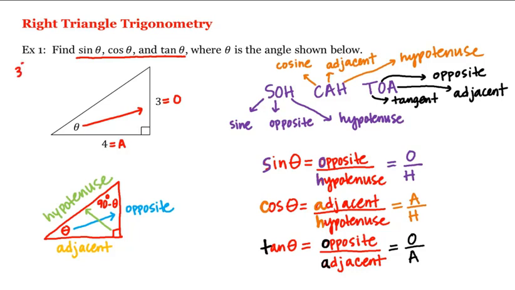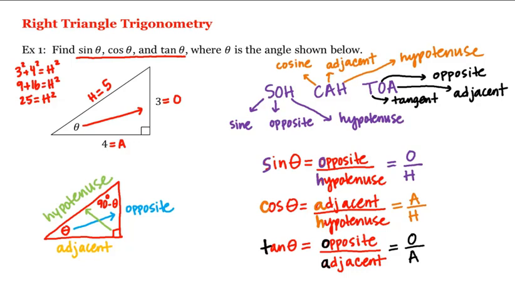Namely, 3 squared plus 4 squared is equal to the hypotenuse squared. Or 9 plus 16 is the hypotenuse squared. Or 25 is the hypotenuse squared. Which means the hypotenuse then would be the square root of 25, or 5.